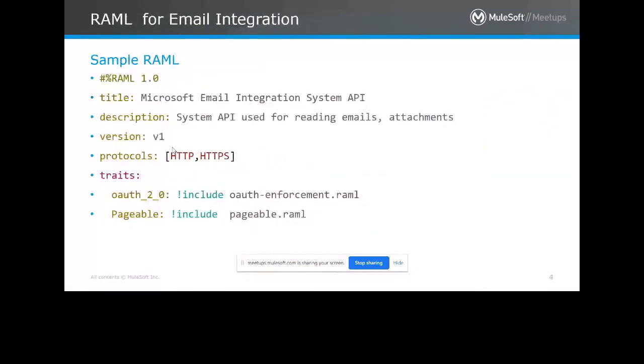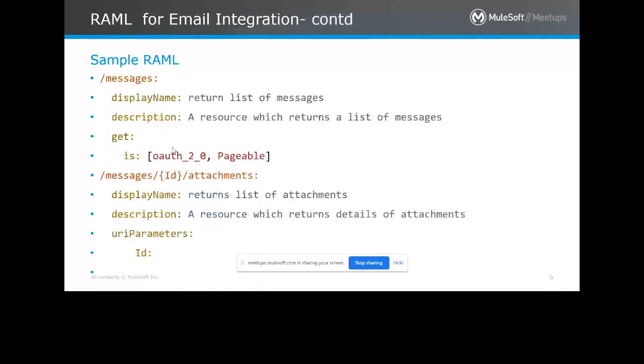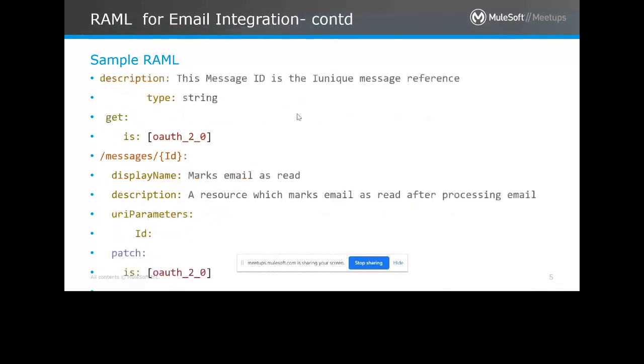So I have a sample RAML here. We can use traits like OAuth2 and pageable pagination as well. Let's say I use messages to get them, and then I want to get a particular message by message ID, I can use that.